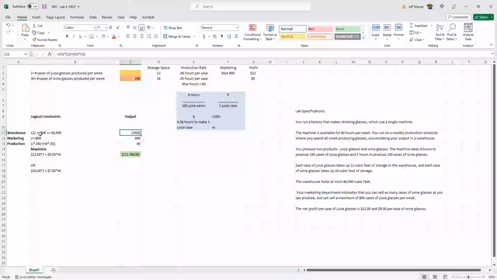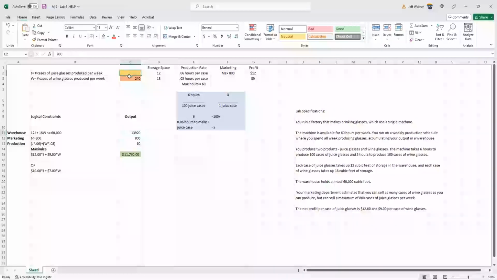In this case, 12, which is D2, or you could type in 12 if you wish, times C2, the number of glasses and juice, plus storage space for wine, times again the optimal number that Excel is going to put into that formula.